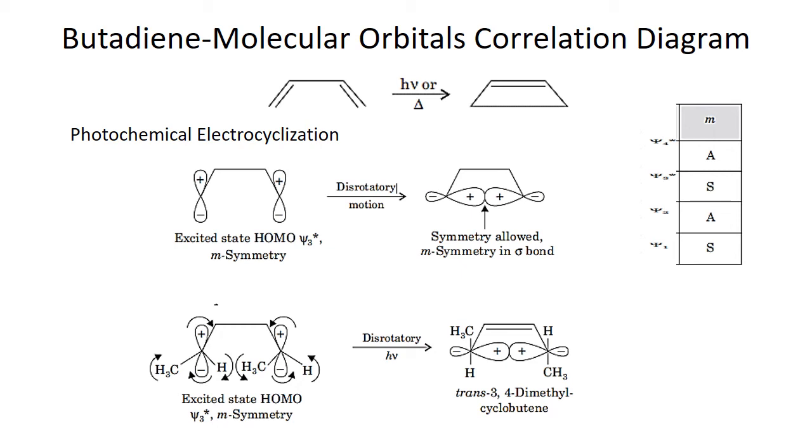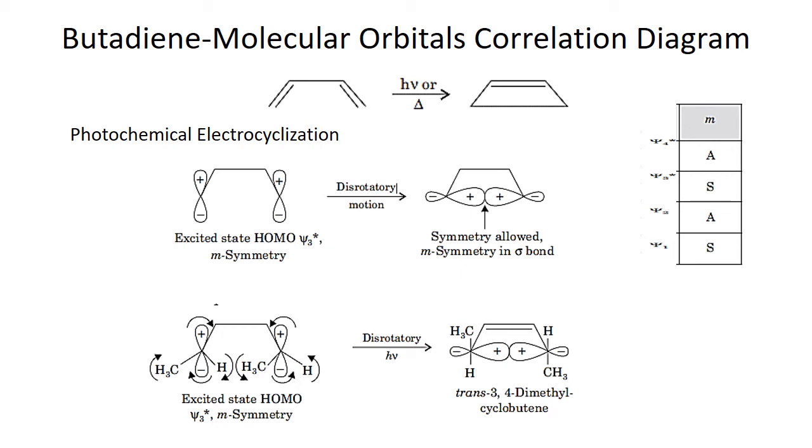There could be methyl groups on the terminal carbon atoms, and then you can get cyclobutene in which the dimethyls are cis to each other, or trans 3,4-dimethylcyclobutene could be one product, and the other possibility is the cis product.